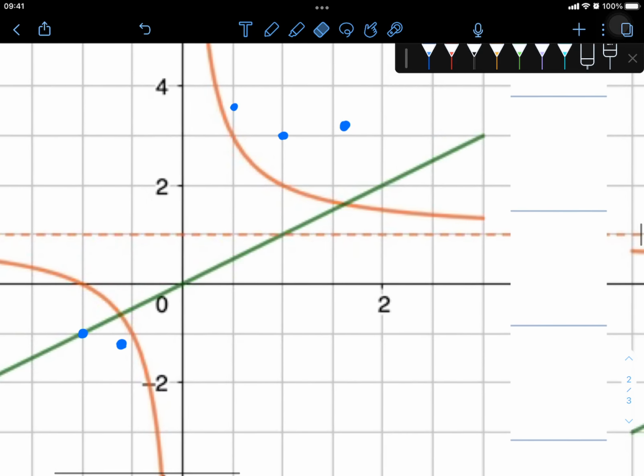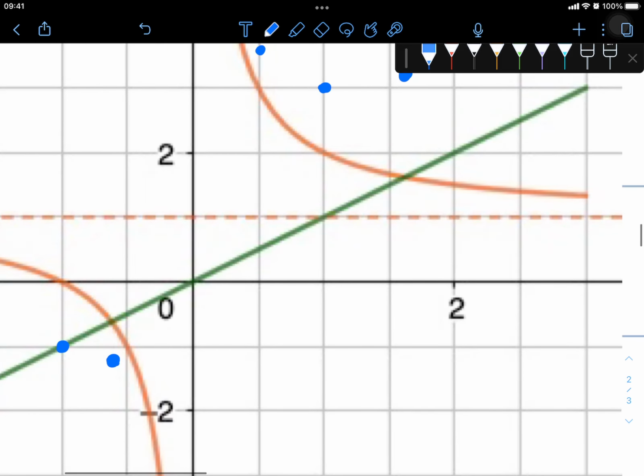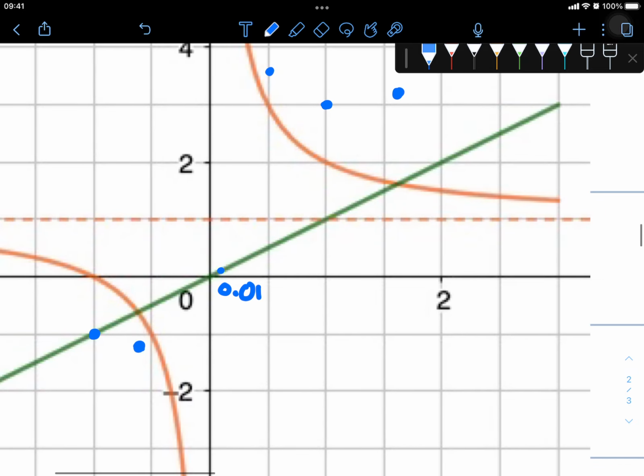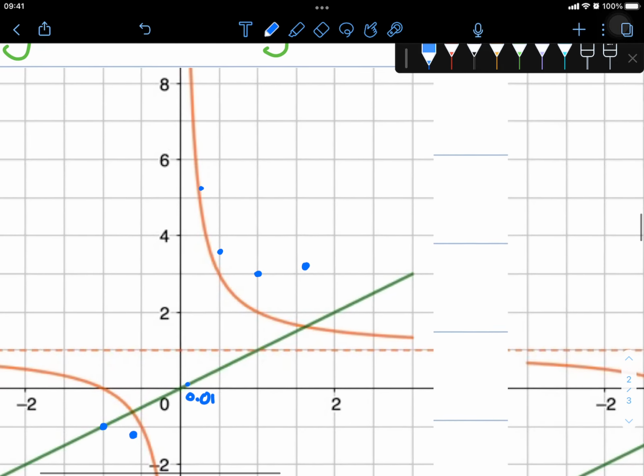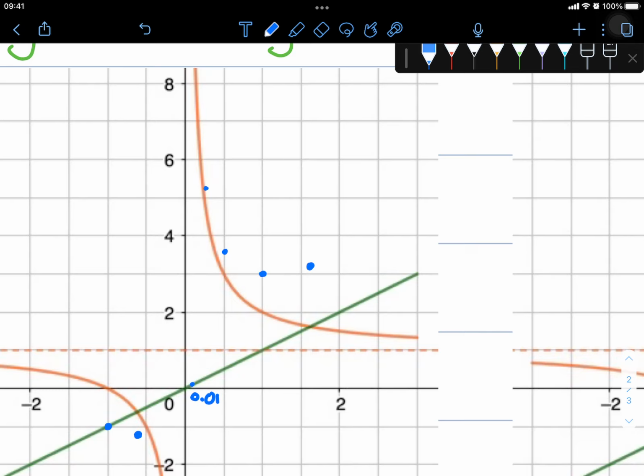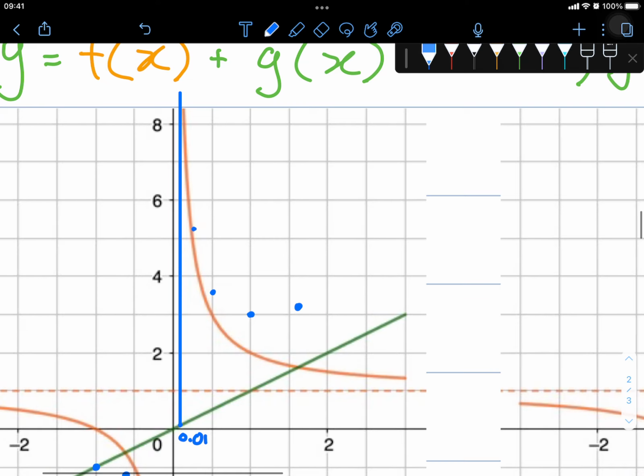Now let's move further to the left. As g, let's pick another point close here. That point, let's just say, is 0.01. At that same point, remember we're adding the 2 functions, f is equal to something very, very large. Let's just say it's 10.